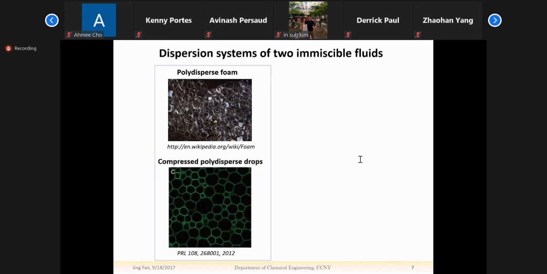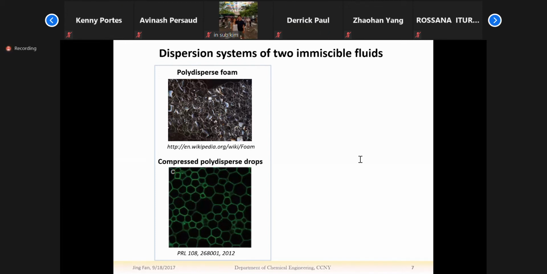So we are inspired by the dispersion systems of two immiscible fluids. Here, I mean dispersion systems of two immiscible fluids means foams or emulsions. For example, this is a foam structure, a very dry foam with a little bit of continuous phase and a lot of bubbles.